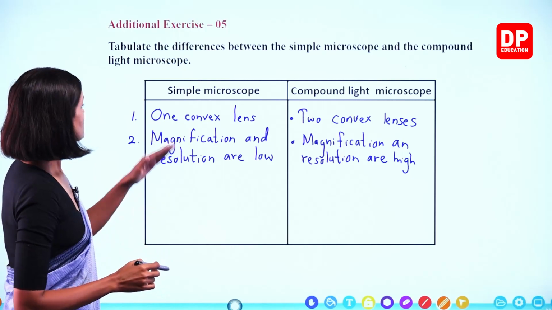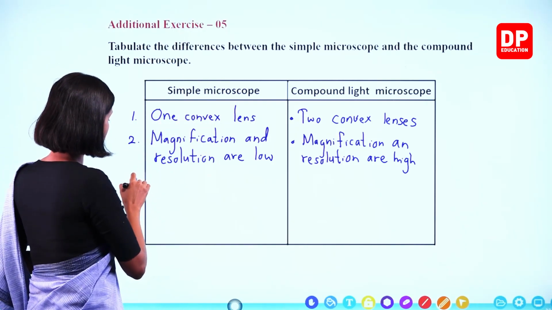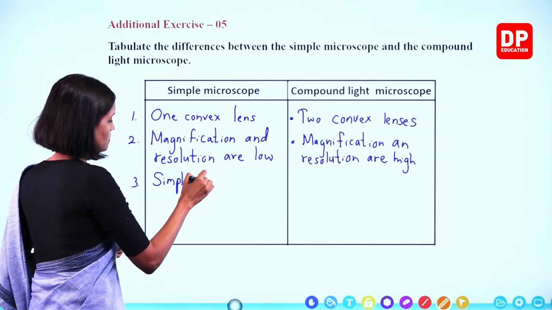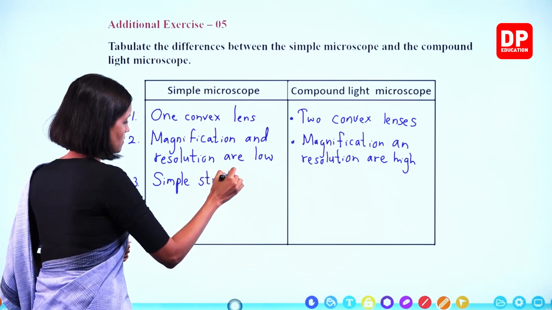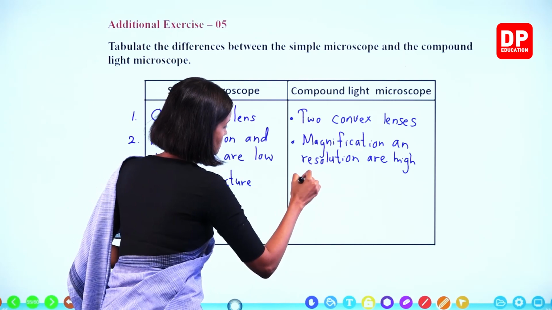Right? Here structure is simple, structure is complex. Simple structure, here complex structure.